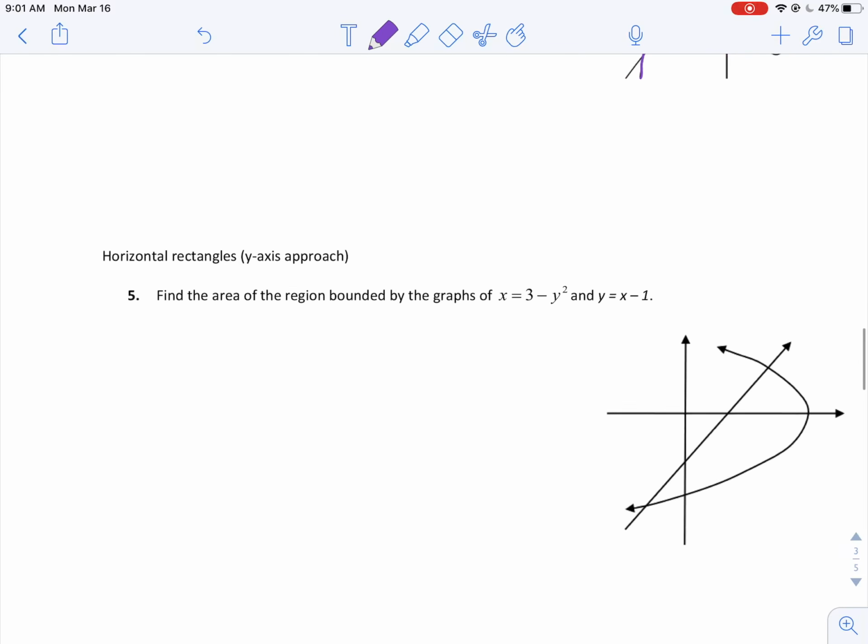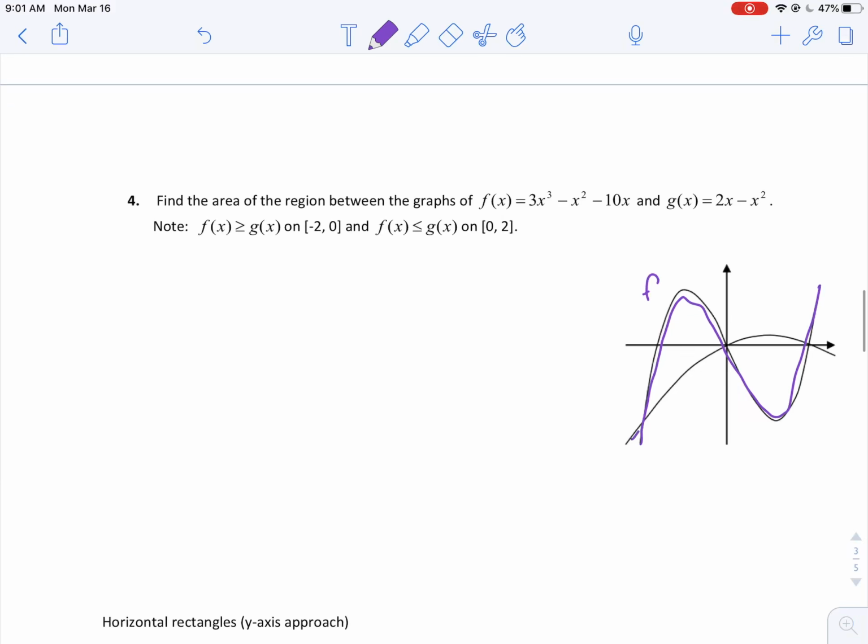And g of x is a quadratic, so it appears g of x is this function down here. Now if you'll notice, the top and bottom functions flip halfway through this intersection. Now, I'm assuming from the bounds that they give me that my points of intersection are -2, 0, and 2, but let's check this out.